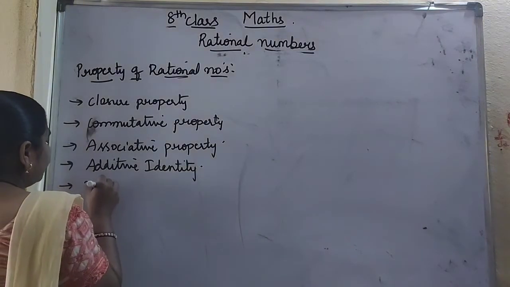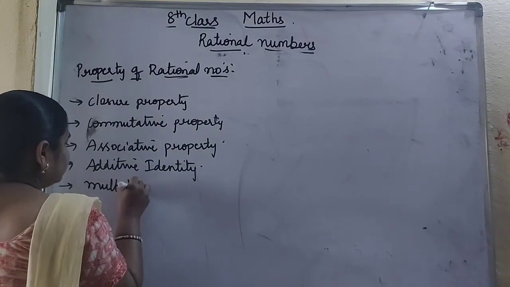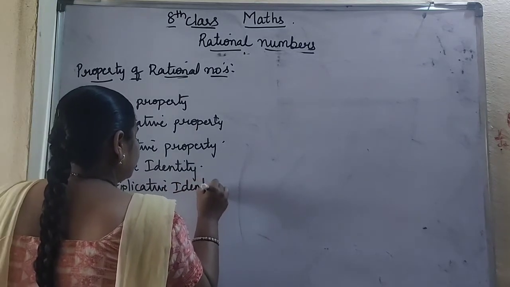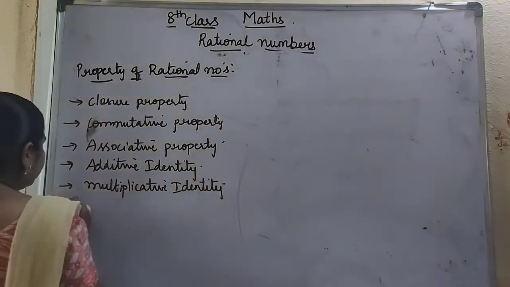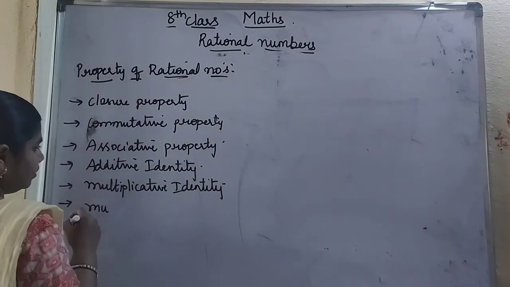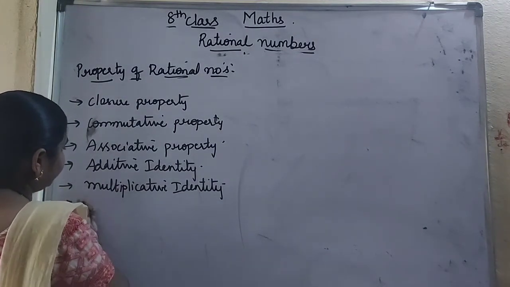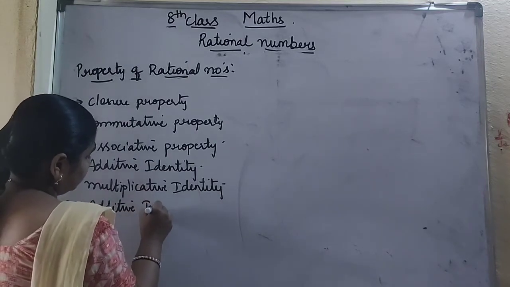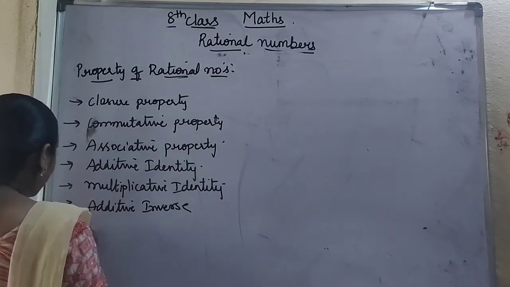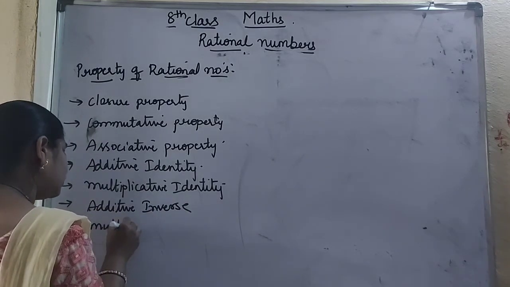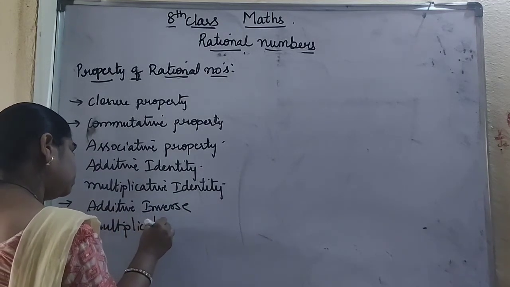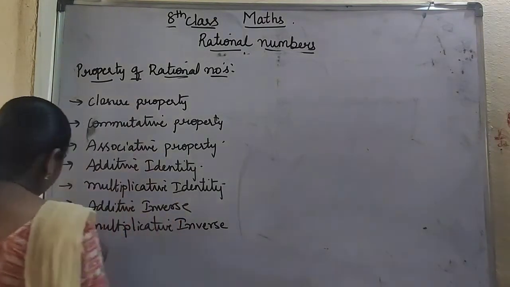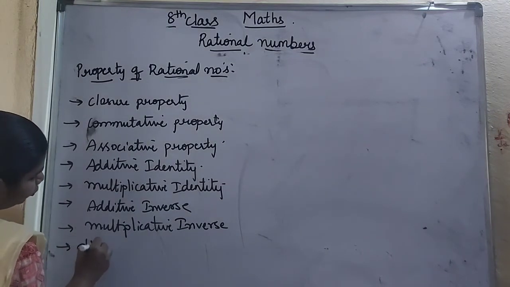Next is multiplicative identity. Then additive inverse. Next is multiplicative inverse. Last one is distributive property.